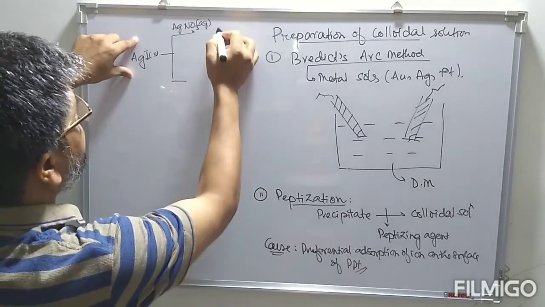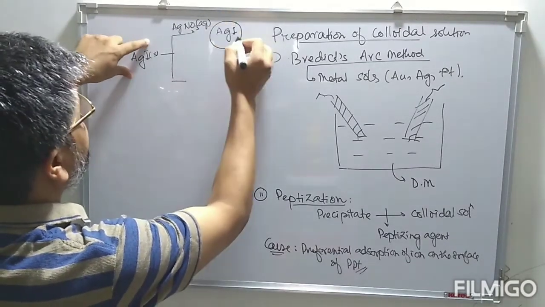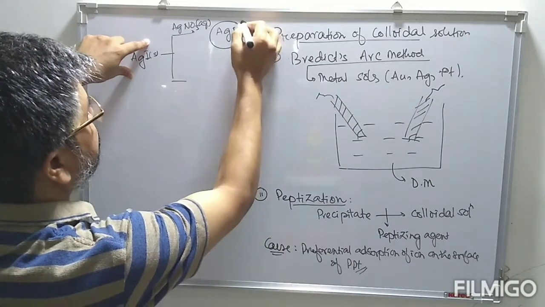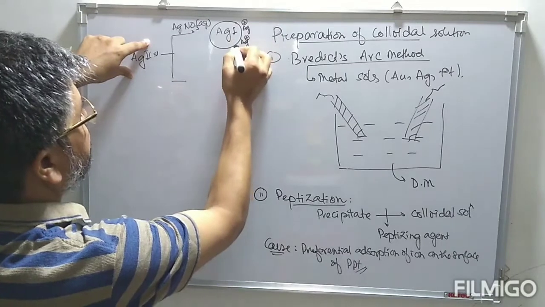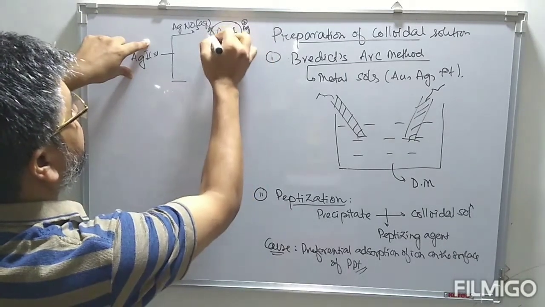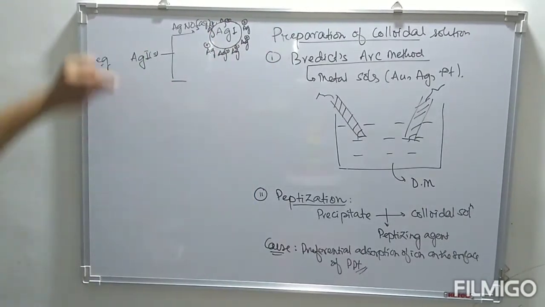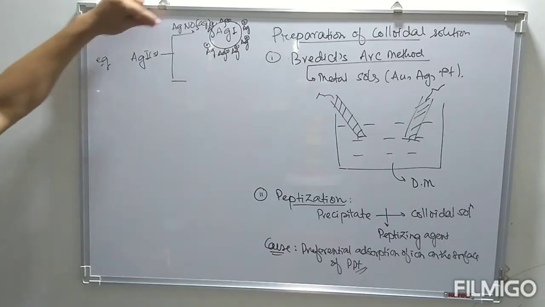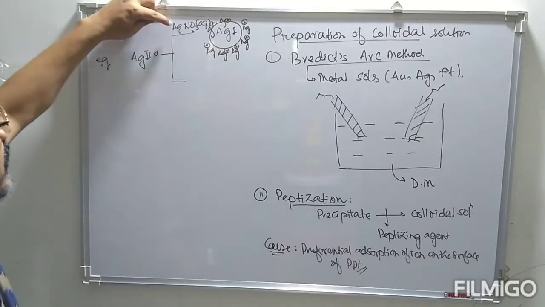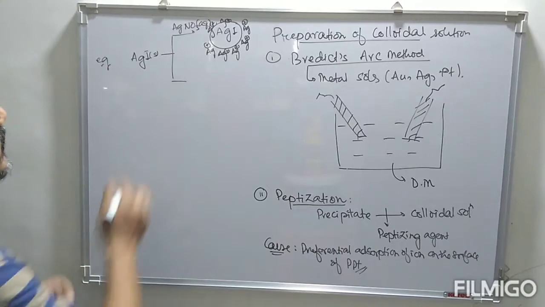So on the surface of AgI we have silver ions adsorbed, and this is converted into colloidal solution. So AgI shaken with silver nitrate gives you AgI colloidal solution. This is due to adsorption of Ag+ on the surface of AgI.